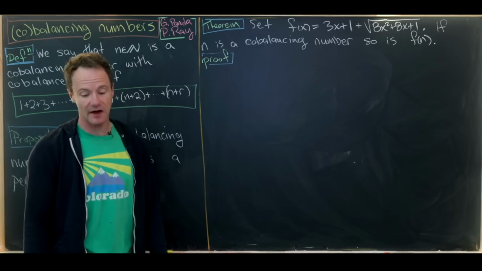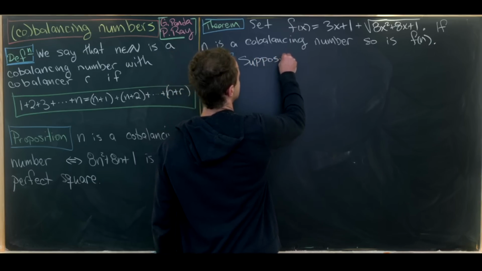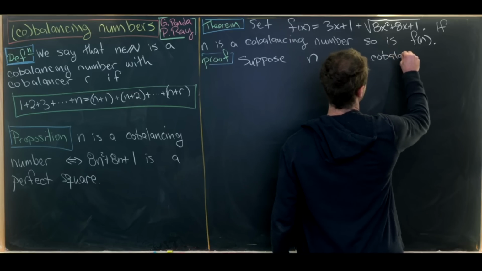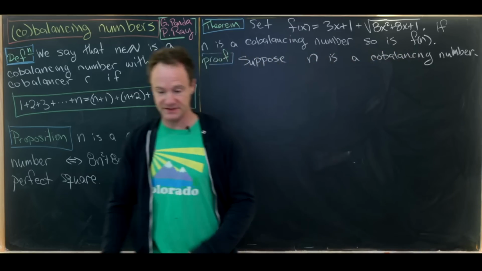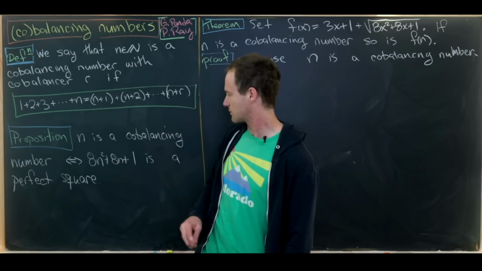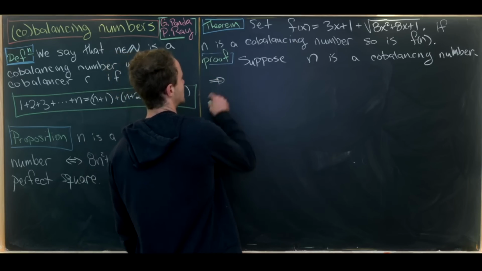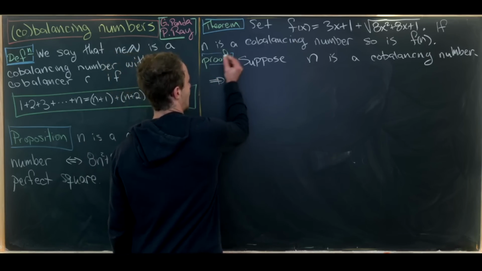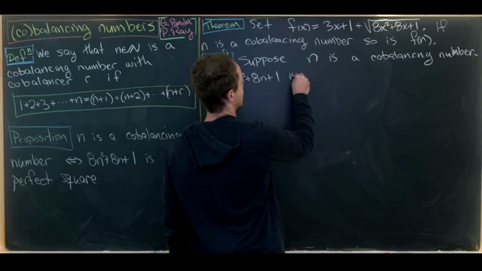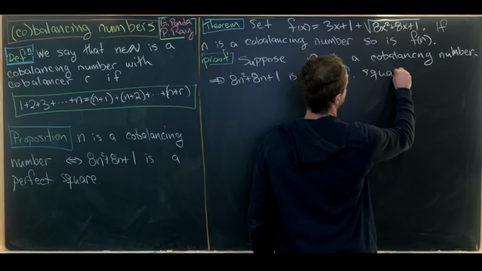Okay, so let's maybe see how this proof goes. So let's start with the hypothesis. Let's suppose that n is a co-balancing number. But then by our proposition over here, that tells us that 8n squared plus 8n plus 1 is a perfect square. So let's write that down. So that means, like I said, 8n squared plus 8n plus 1 is a perfect square.